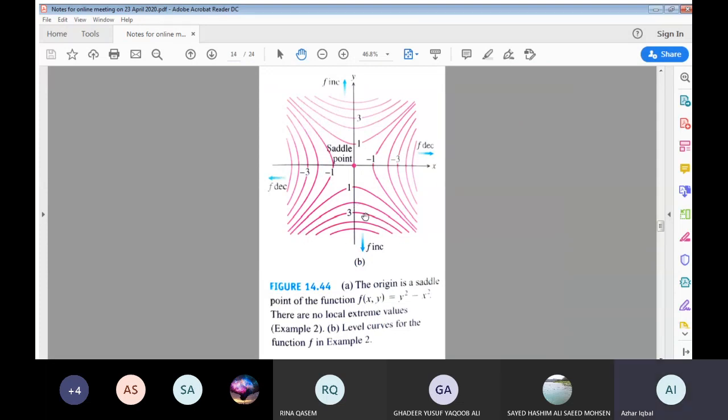So this is a level curve. These numbers 3 and 3 mean that the value of the function at these lines is 3, and so this is a level curve. You are defining the value of the function at these lines.